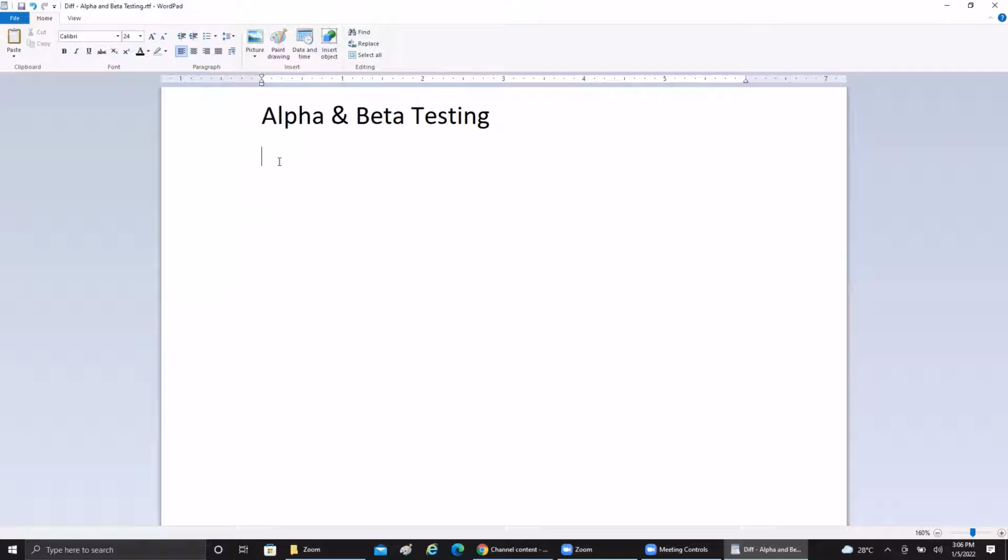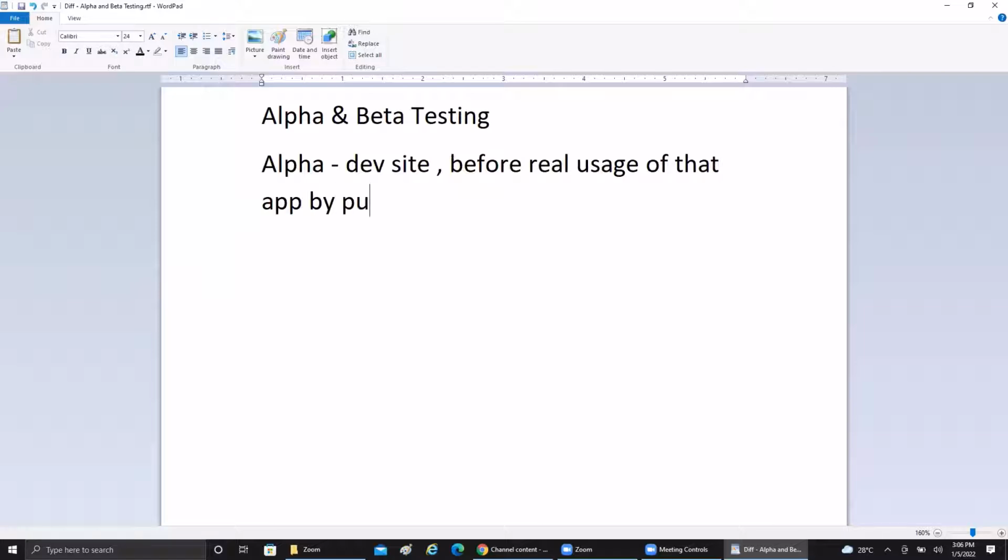So basically, alpha is done at the dev side before real usage of that product or that application by public people. Okay. So then what would be beta testing?